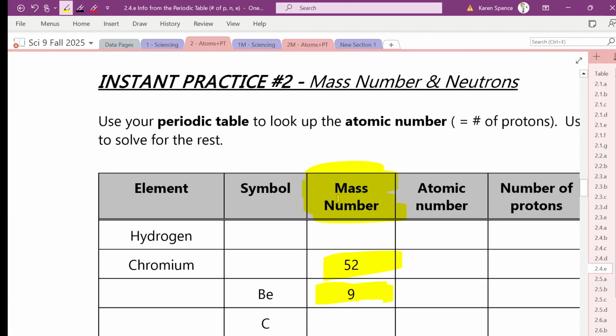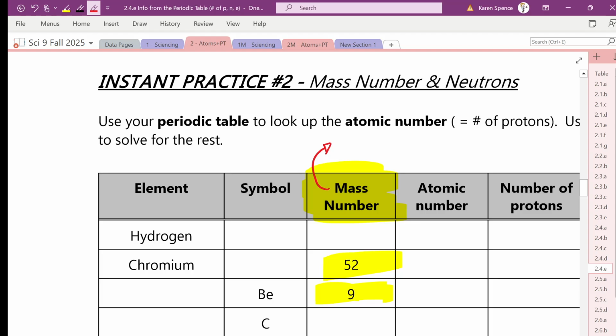What is mass number equal to? Logan, what's the mass number equal to? It's two particles added together.